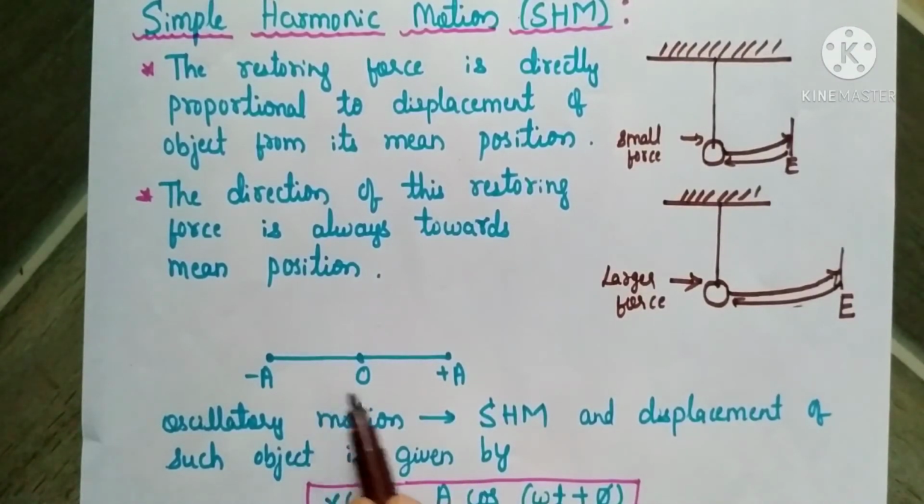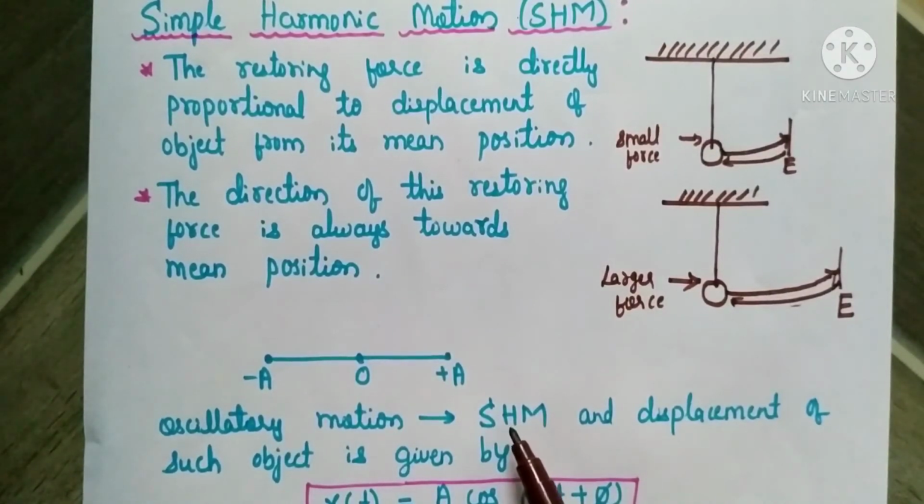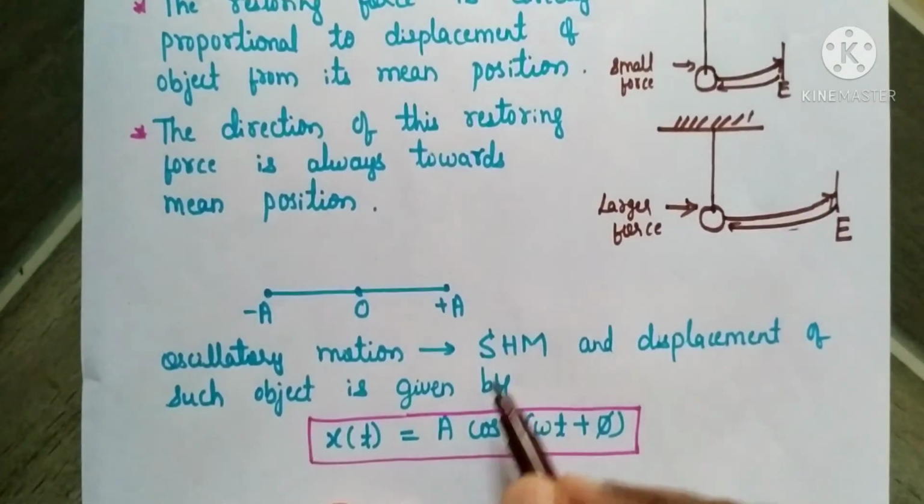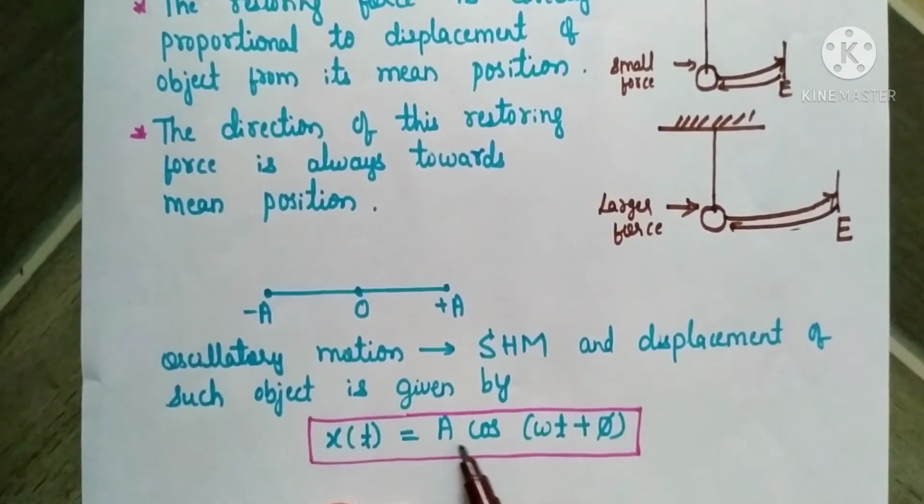If that object is under oscillatory motion, then we can also call it simple harmonic motion, and the displacement of such an object is given by x of t equals a cos of omega t plus pi.